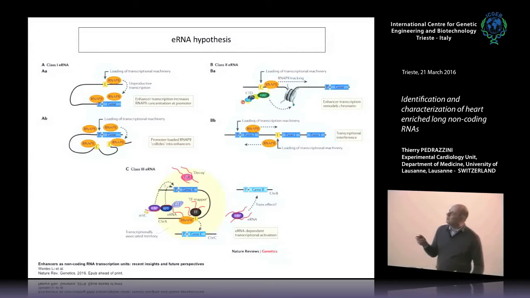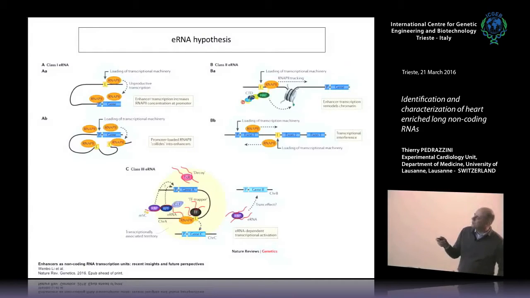So in class 1, really the transcript at the enhancer is kind of a byproduct of transcription. So you do have the transcription machinery that is closely associated to an activated gene. And because you have the machinery there, you produce a transcript. It doesn't mean that the transcript is functional. Okay? That would be one situation.